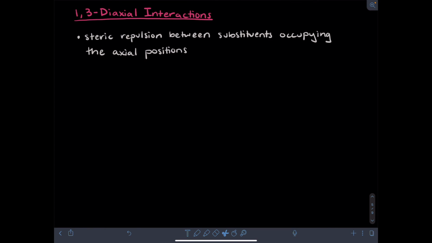The reason that substituents typically favor the equatorial position is due to steric interactions, known as 1,3 diaxial interactions. These are repulsions between substituents at the axial positions. So now, instead of just highlighting the axial R group on my chair conformation, I'm going to draw out the two hydrogens that are also axial, facing up as well.